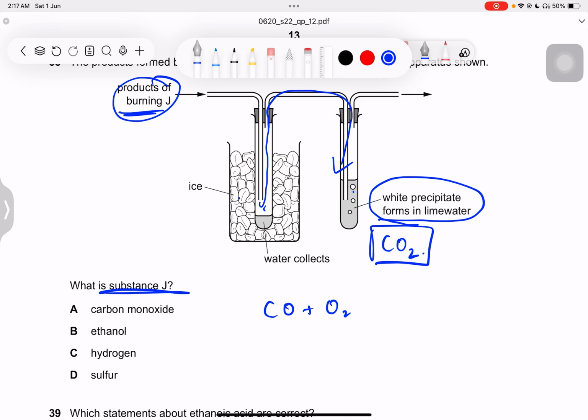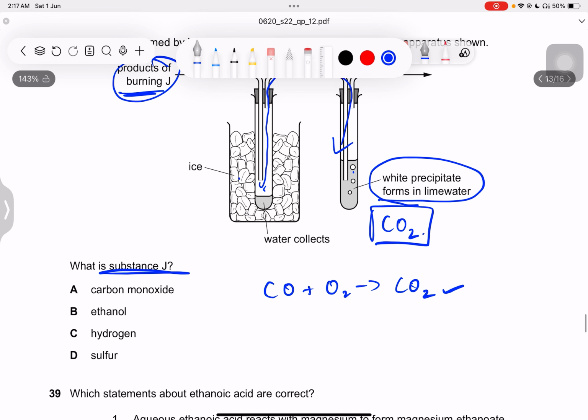Carbon monoxide plus oxygen gives us carbon dioxide maybe. We can balance it later. No, this is not the correct answer. It does not produce carbon dioxide. Oh yes, we have ethanol over here, so definitely ethanol is the answer. Because organic compounds, I told you earlier, whenever they react, C2H5OH, this is ethanol.